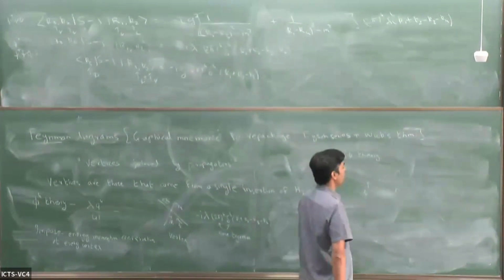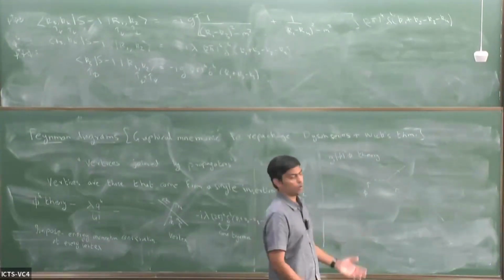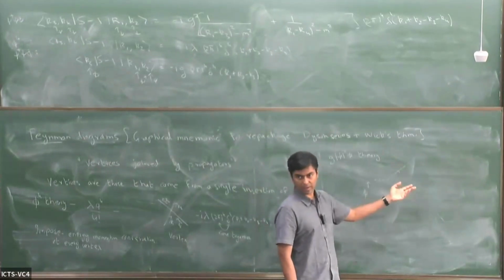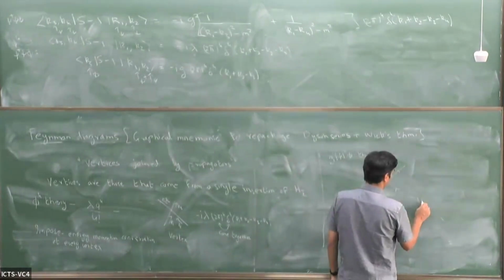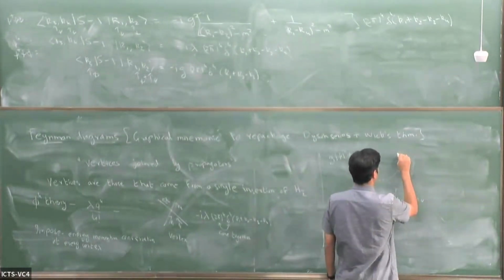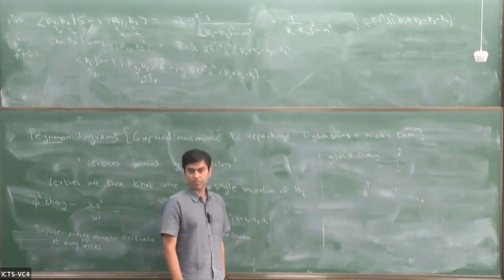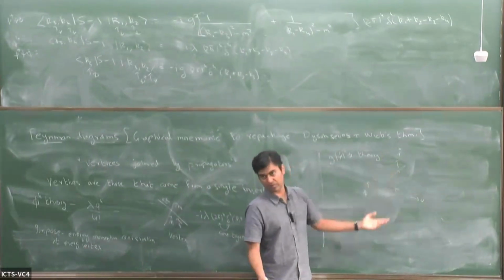Regardless of whether they are incoming or outgoing, we need some way of assigning which one is the psi line and which one is the psi dagger line. So let's choose the arrow so that this is the psi and this is the psi dagger. This is the convention.